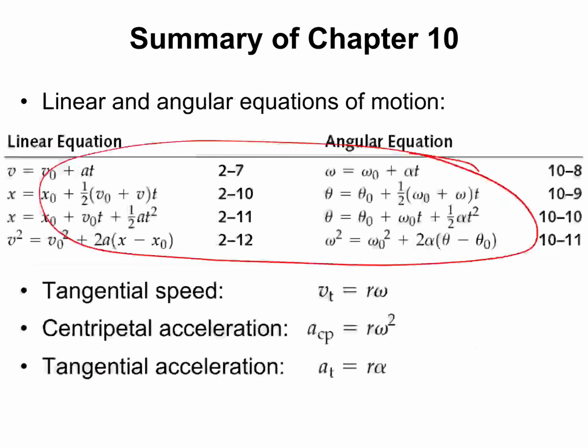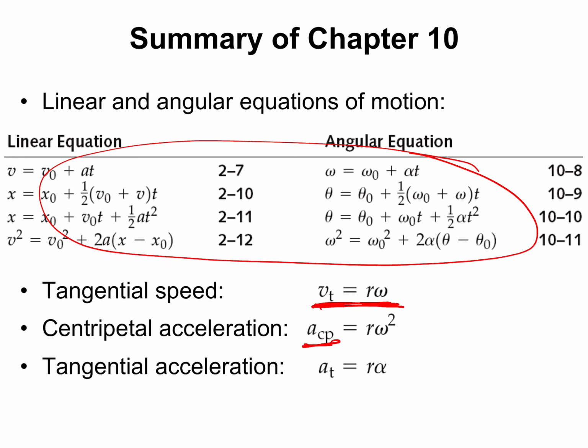We can also link the linear quantity with the rotational quantity. Even when you are doing rotational motion, you still have a tangential speed. So there's a link between linear quantity and rotational quantity.